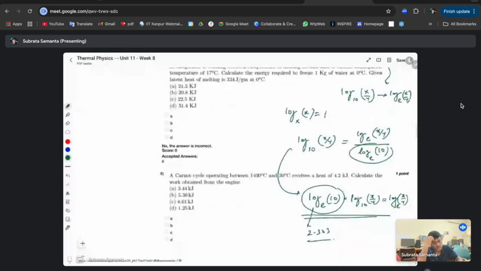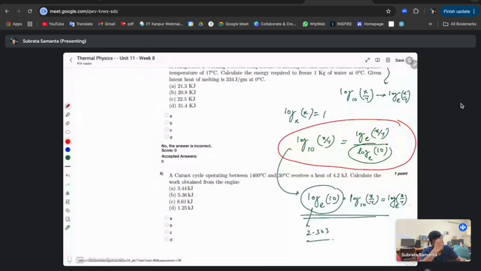This is the property of log: log 10 of x over y is basically log e of x over y divided by log e of 10. You can put any base here, let's say z: log z of x over y divided by log z of 10. I choose z equal to e because I want log e of x over y. It's clear.